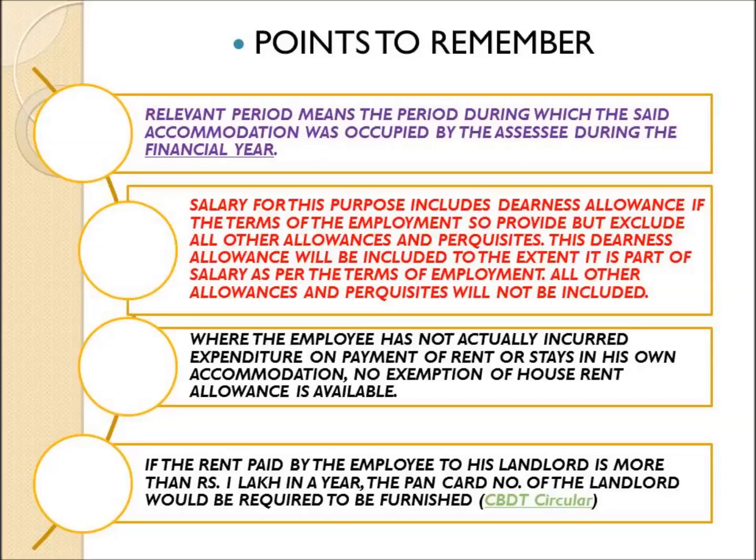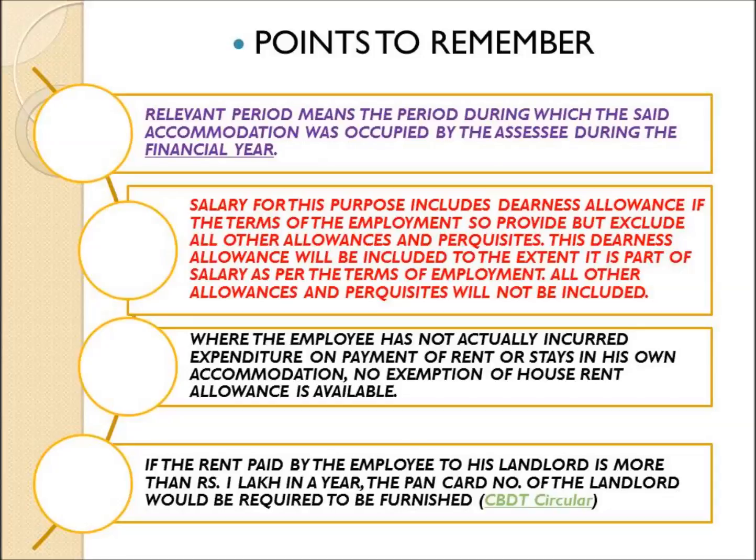All other allowances and perquisites will not be included. So this is also a very important point to keep in mind, because as we have seen in some previous exemptions like gratuity and pension, we have to be very particular about what the term salary includes, because the exemptions are very much dependent upon the salary.